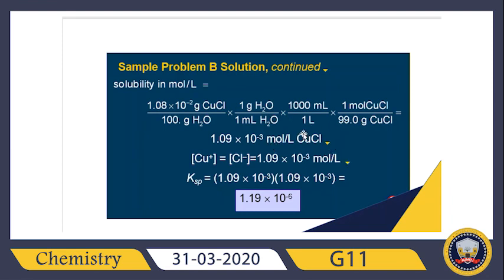As we said, at equilibrium, the concentration of the ions will be equal to the solubility of the solid. So the concentration of both the chloride ion and the copper will be equal to 1.09 times 10 to negative 3. And now, since we have the concentration of copper and chloride, we can find out Ksp.